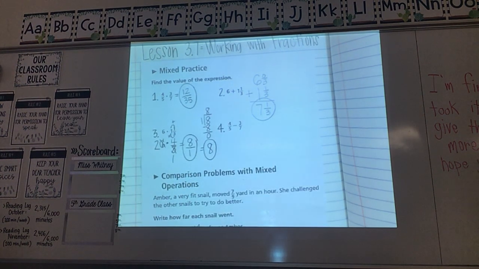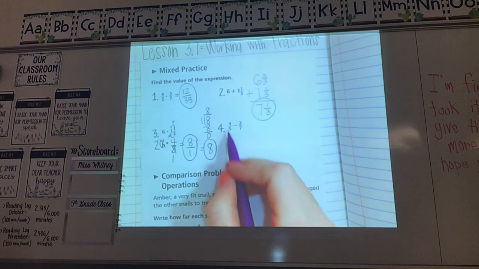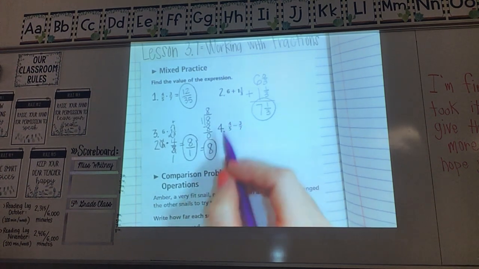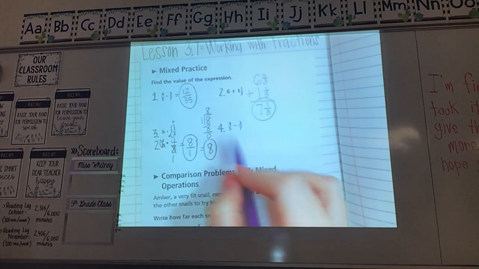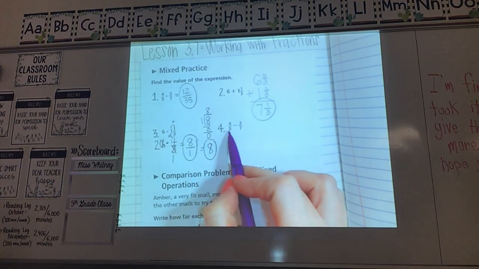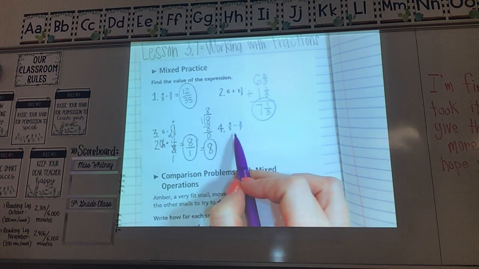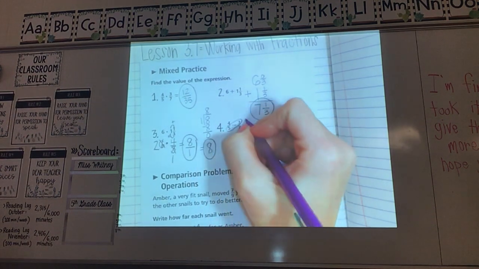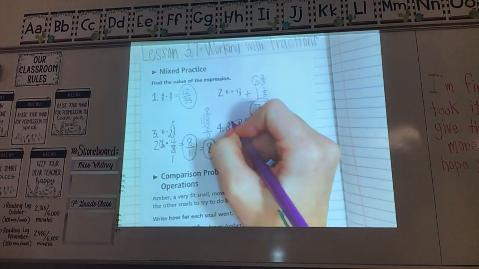Alrighty, number 4, I'm subtracting 4/5 minus 3/7. What do I have to do before I can subtract? I have to check something. Check those bottom numbers. Are my bottom numbers the same? No, they are not, so I have to cross multiply. Let's go this way first. That gives me a 15. Then I go this way.